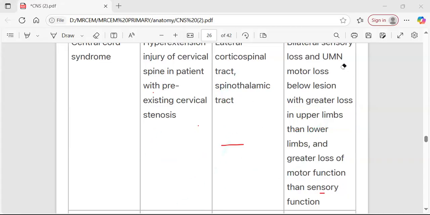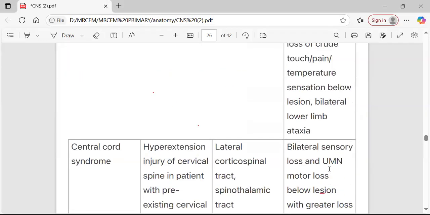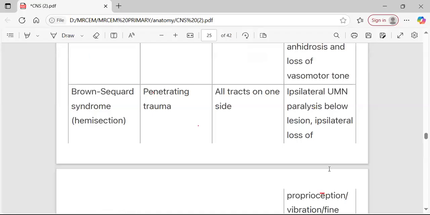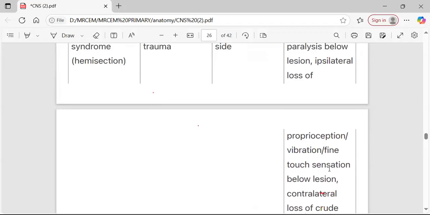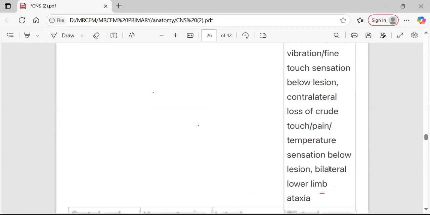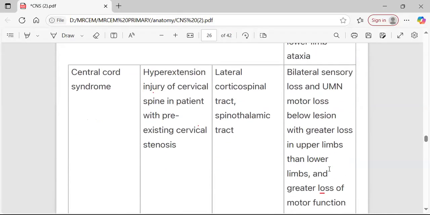There will be a clue that the patient is having more problem in the upper limb as compared to the lower limb. Sensory loss will be bilateral. In Brown-Séquard syndrome, loss of sensation will be ipsilateral, but in central cord there will be bilateral sensory loss.